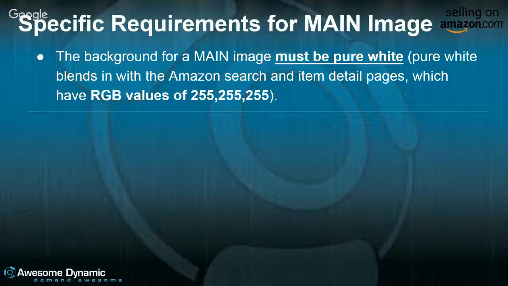And having a pure white background helps the picture blend in with the rest of the website, and it just looks a lot better and a lot more professional, as the product basically looks like it's just sitting on the website. It's not clearly just a photo that's been thrown up there.